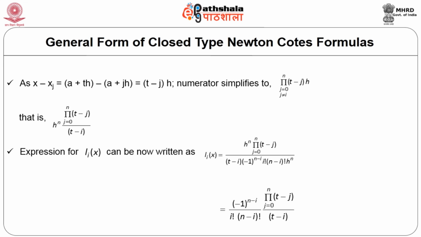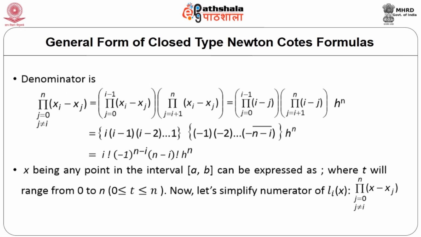Let us similarly simplify the denominator terms also. Now these denominator terms, xi minus xj's are (i minus j) into h, that we have seen. Let us divide these denominator terms into two parts. One, the product over j equal to 0 to i minus 1 of xi minus xj, and the second, j equal to i plus 1 to n of xi minus xj.